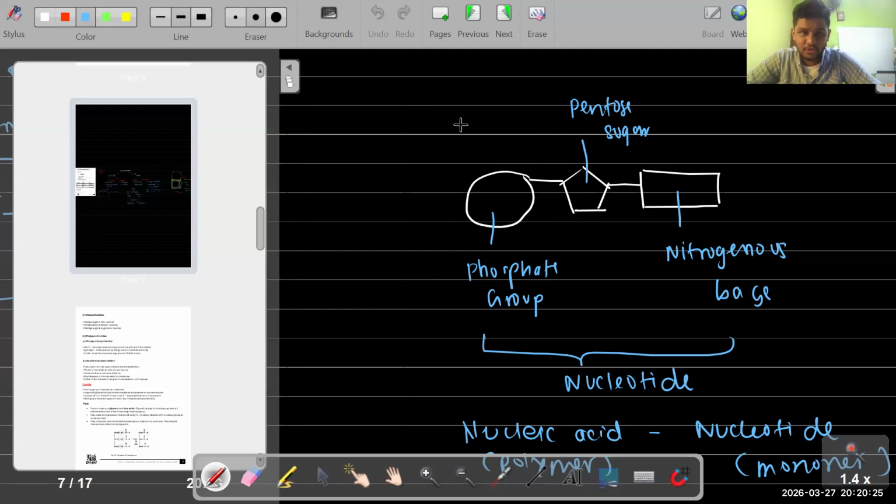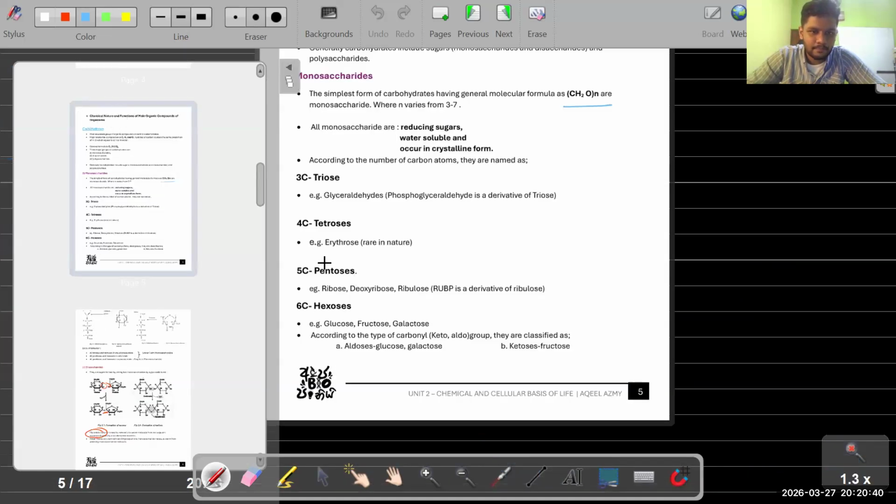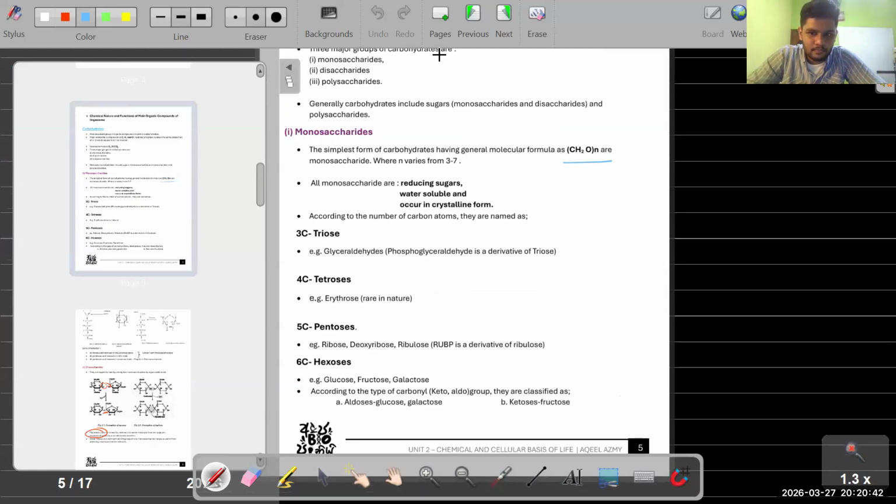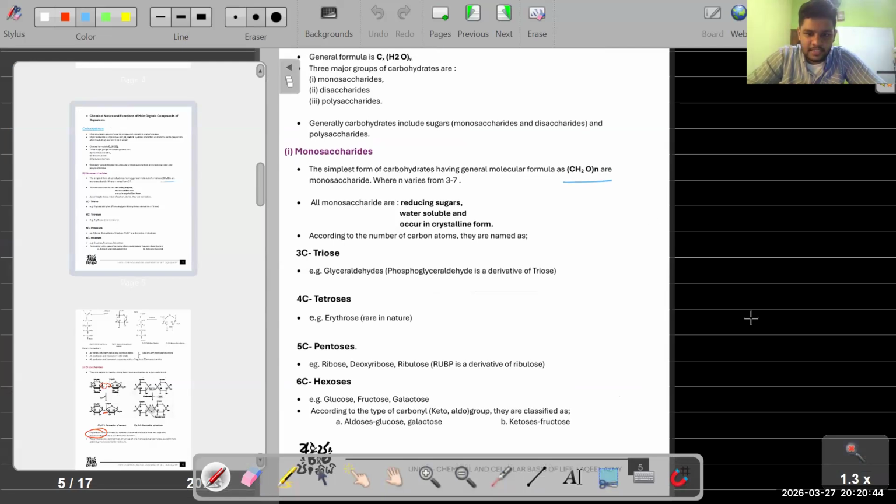Now if you see pentose sugar, is it a monosaccharide or not? Is pentose sugar a monosaccharide or not? Yes, it is a monosaccharide.